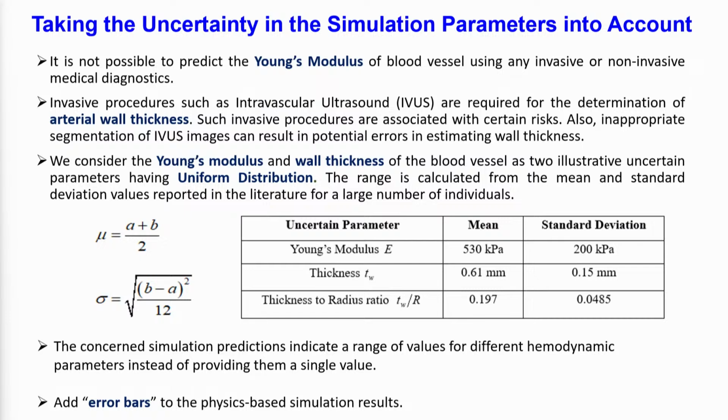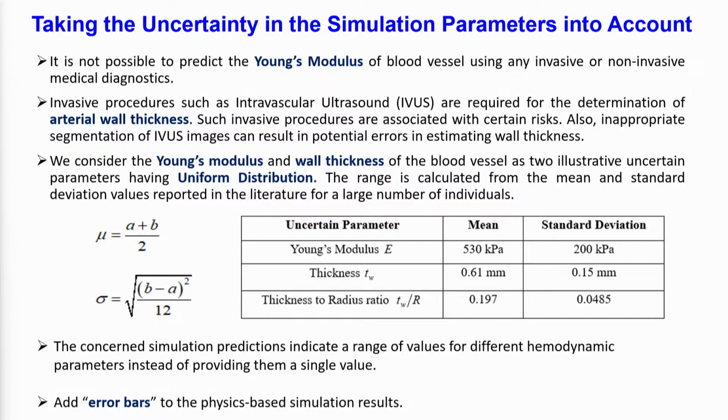So, Young's modulus and the wall thickness are two very obvious uncertain parameters, but fortunately physiologists and clinicians have reasonable experience on what could be a range of this Young's modulus.